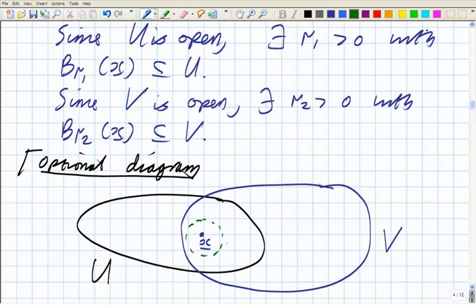So that's B r2 of X. And there's room for a slightly bigger one round X that's inside U. But as long as you take the smaller value from r1 and r2, you're guaranteed to stay inside both.